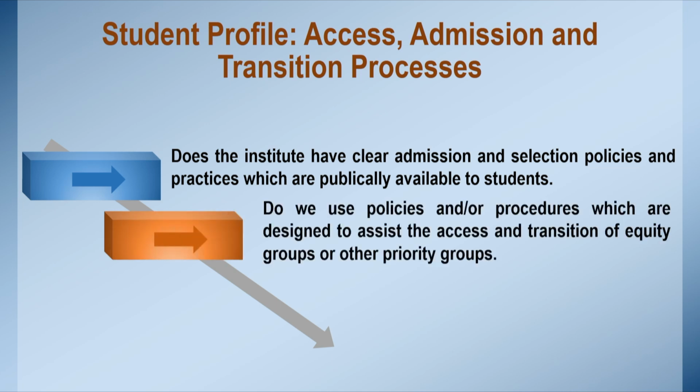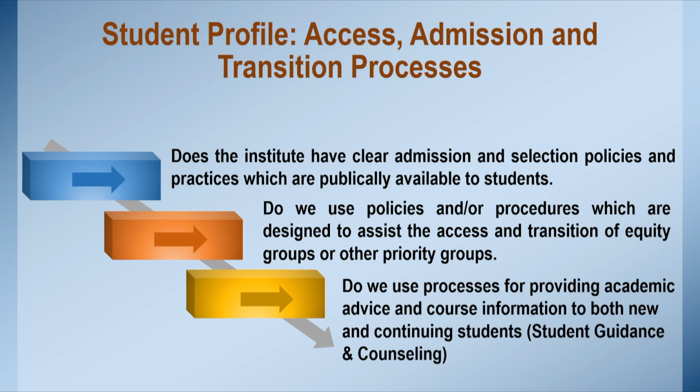Do we have policies or procedures which are designed to assist the access and transition of equity groups or other priority groups in the institution? Do we use processes for providing academic advice and course information to both new and continuing students, meaning student guidance and counseling? This is a very important component of any academic institution.